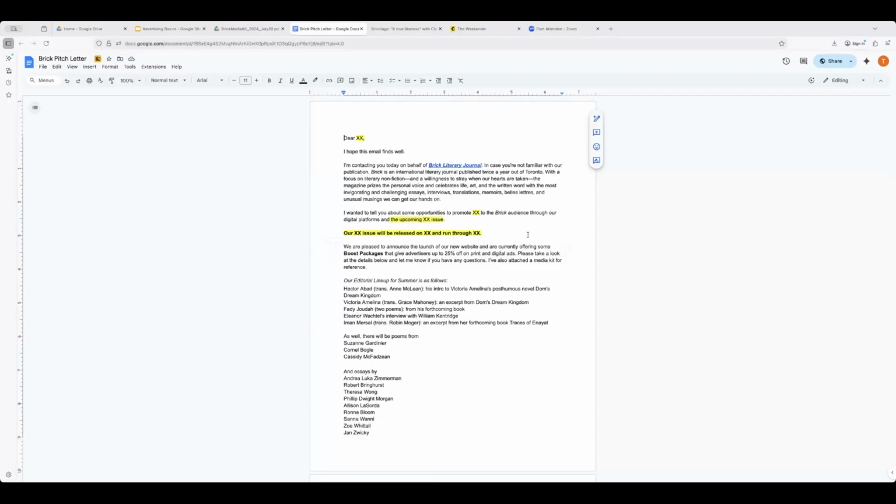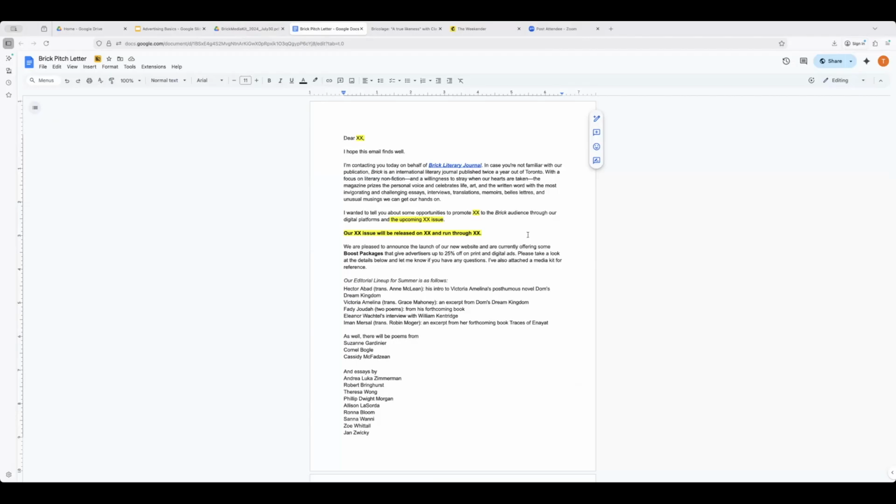Next, we move on to the pitch letter. A good pitch letter is really going to lay out basic information for your advertisers, recognizing that for a lot of people, they're going to skim your media kit. They're not necessarily going to read every single word.